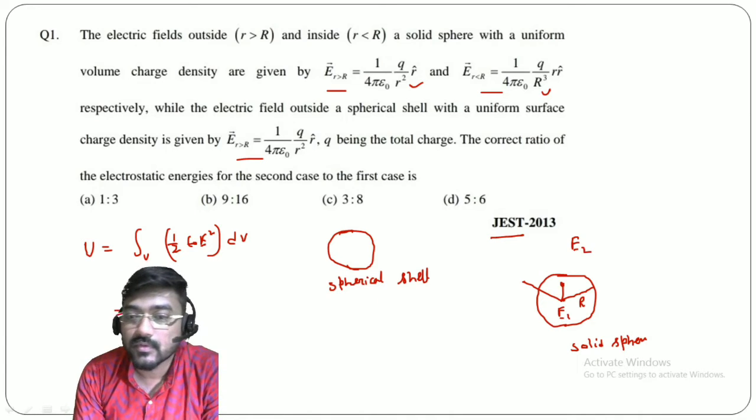If you want to find the expression of electrostatic energy for a solid sphere, you have to split this integration into two parts: one from 0 to R and another from R to infinity.